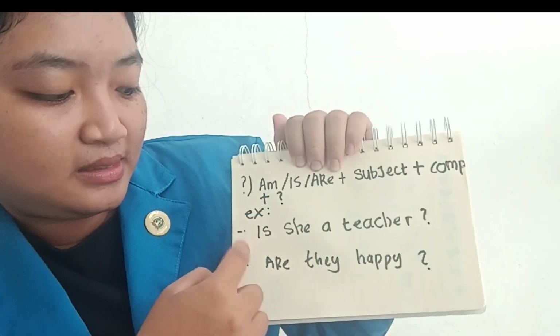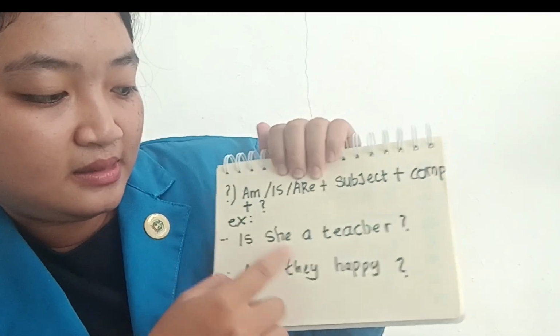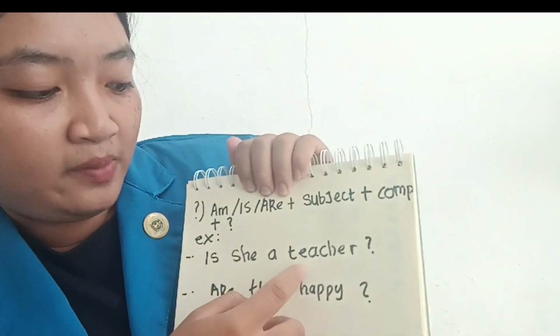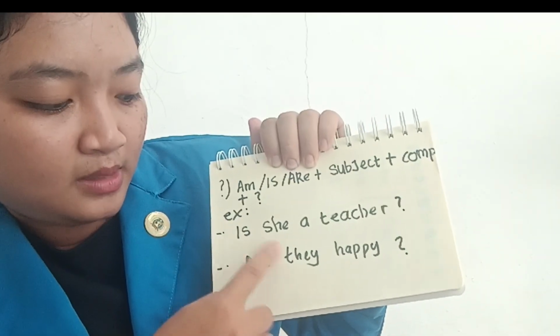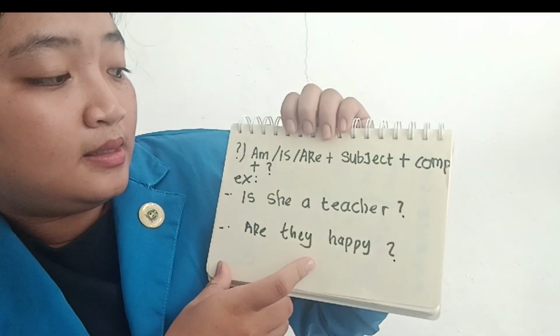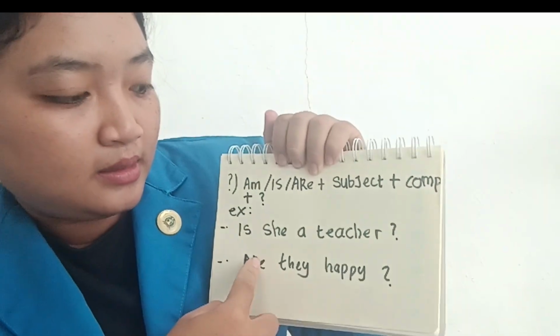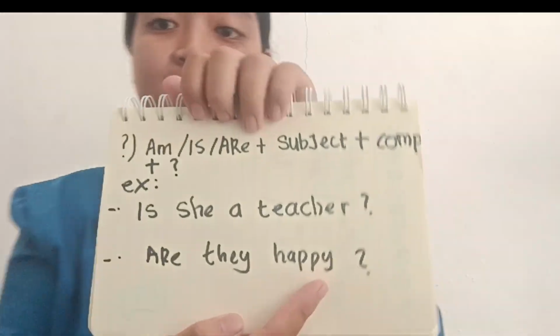The subject is she, to be is is, and the complement is a teacher. And for this one, to be is are, the subject is they, and the complement is happy.